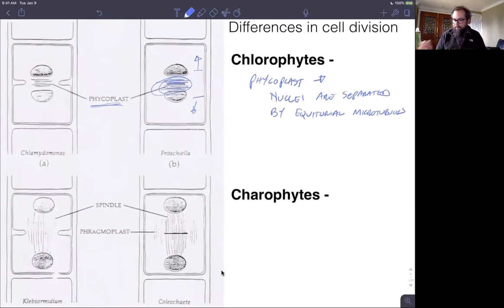When we look at charophytes, or the Charophycean green algae, these undergo cell division in which a phragmoplast is involved. The reason that I'm telling you this will become clear in just a couple of slides. What the phragmoplast is, is that the nuclei are separated by a cell plate.